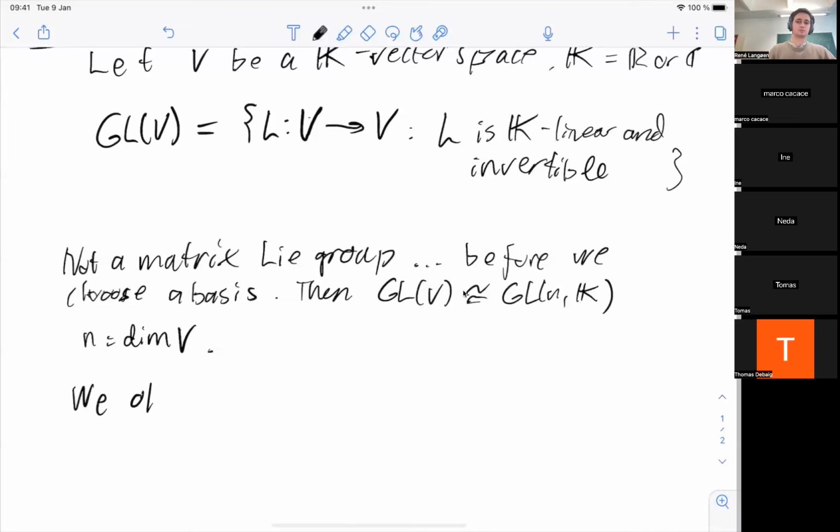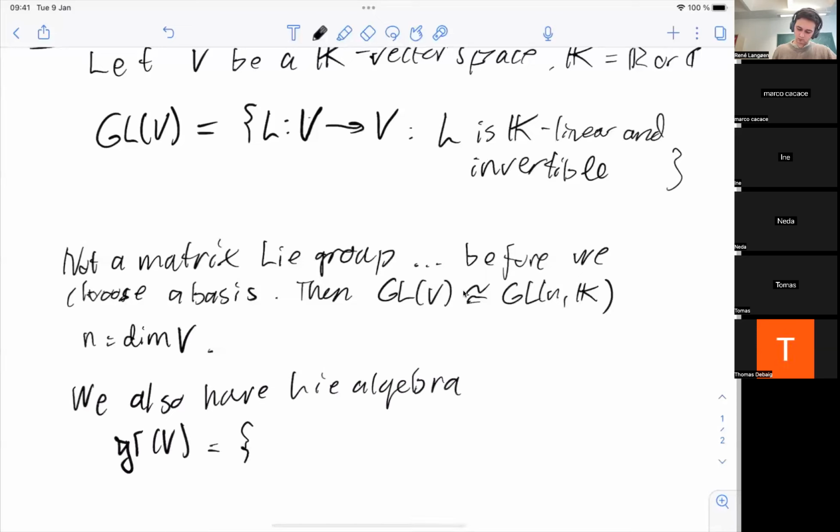We also have the Lie algebra, small gl(V), which are then maps X from V to V, where X is again K-linear.